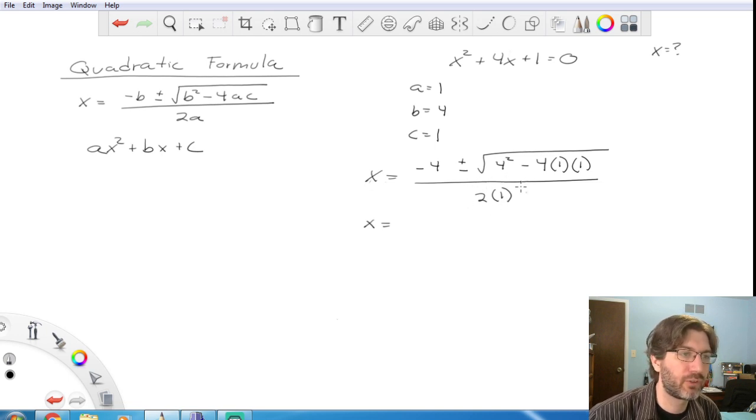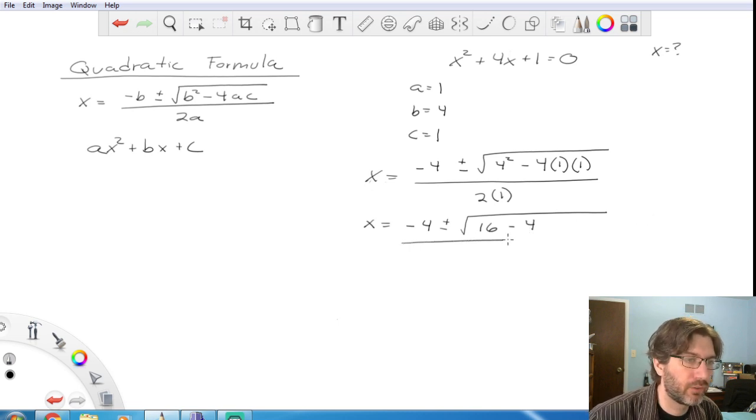The denominator is grouped together as well. So we're going to get negative 4 plus or minus the square root, and then 4 squared is 16. And then negative 4 times 1 times 1 is negative 4, because 4 times 1 is 4, and then times another 1 is 4, and it's negative, so minus that.